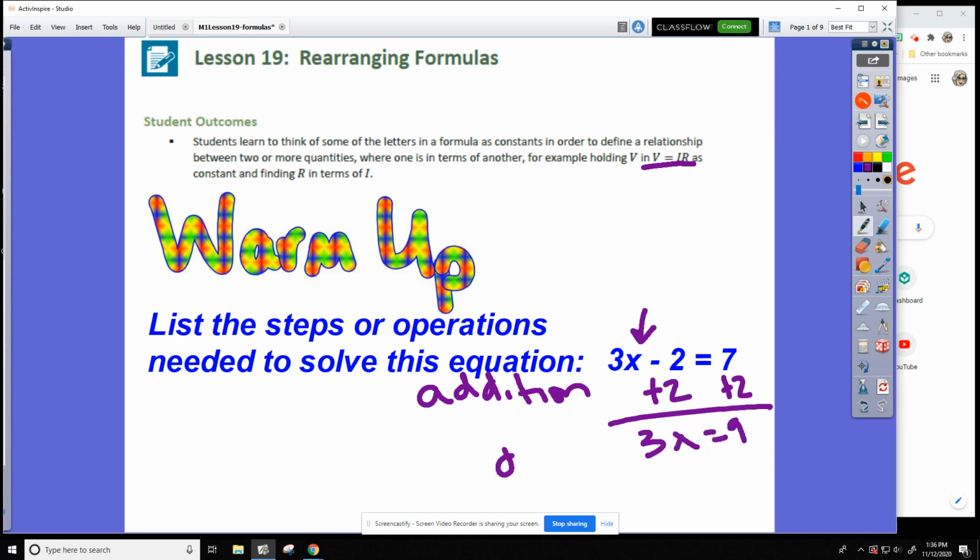And even though you may know the answer, your next step is division. So when you have numbers, you can't really use it like a formula, but when we have all variables, then we can rearrange stuff and plug in values to find a certain answer.